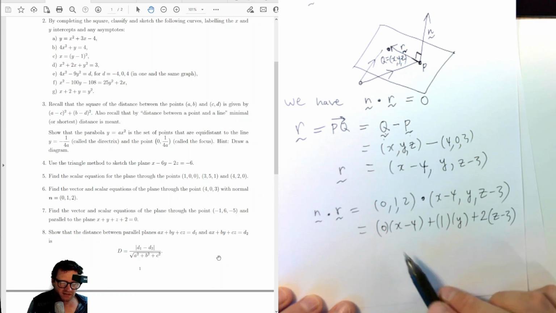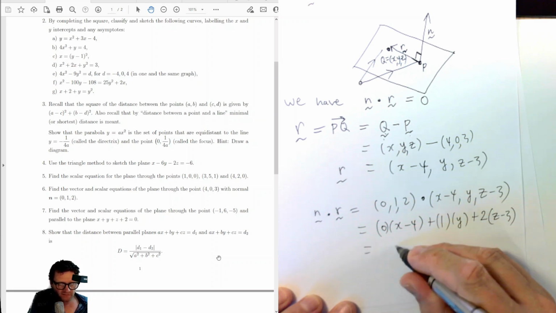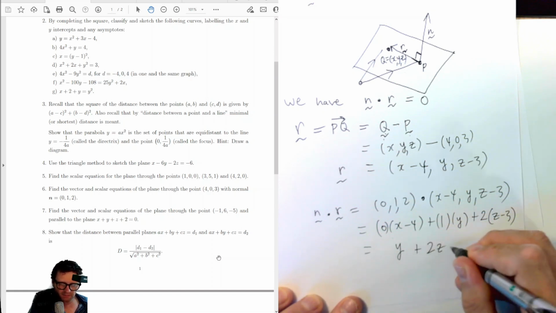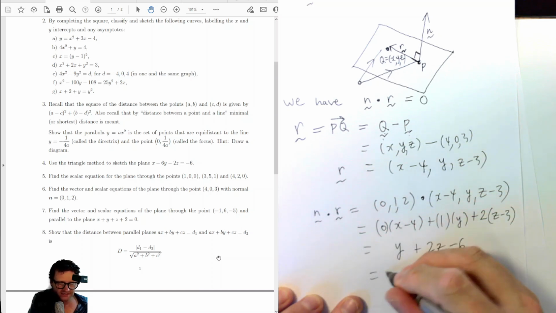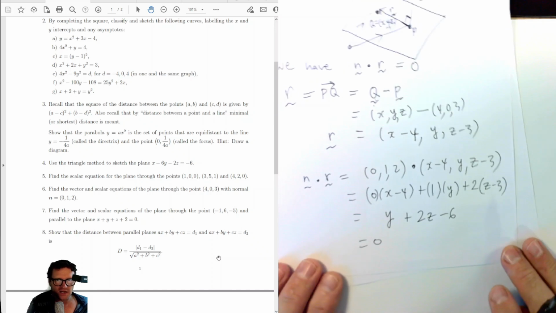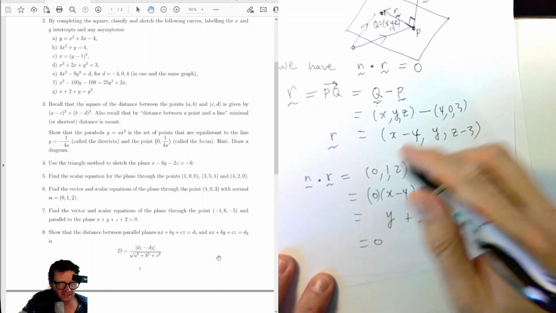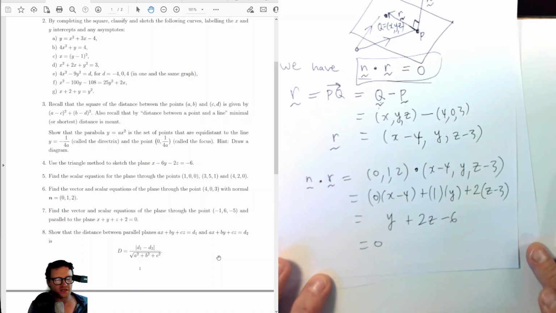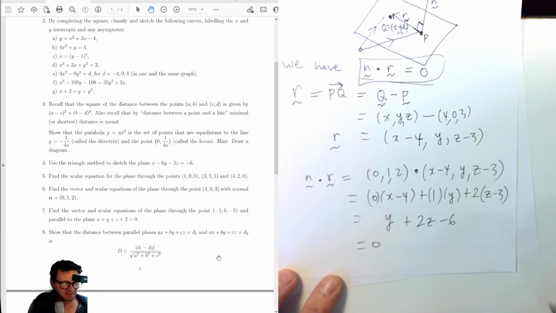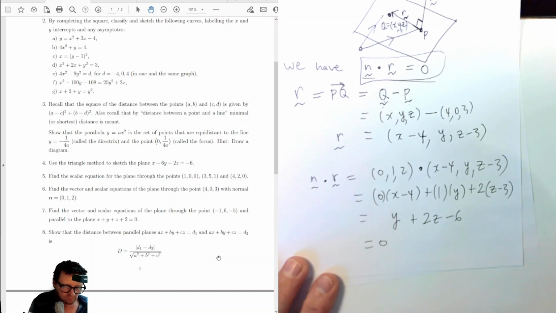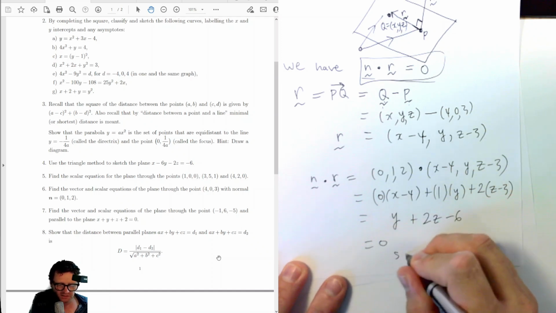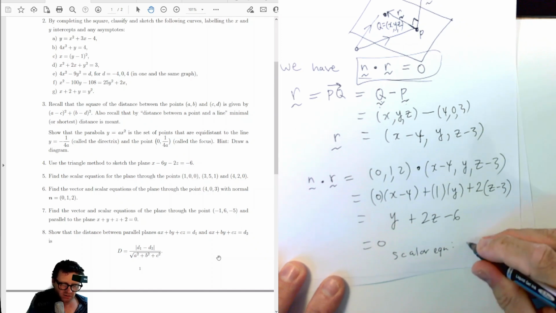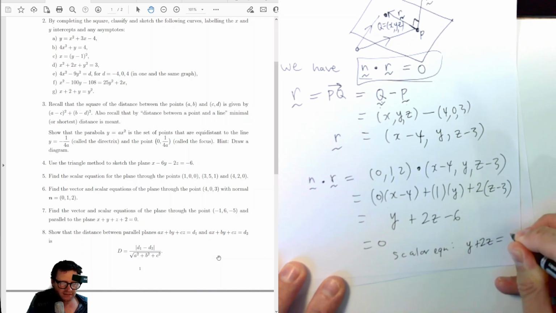Okay, so simplifying this, that part's 0, this is y, so we've got y plus expansion of this is 2z minus 6, and this dot product is 0, so this gives us the scalar equation of that plane. And incidentally, this is the vector equation, or one of the vector equations of that plane. But I think I'll give you another one in a moment. Okay, so this is our scalar equation, and let's rearrange that so that it says y plus 2z equals 6.